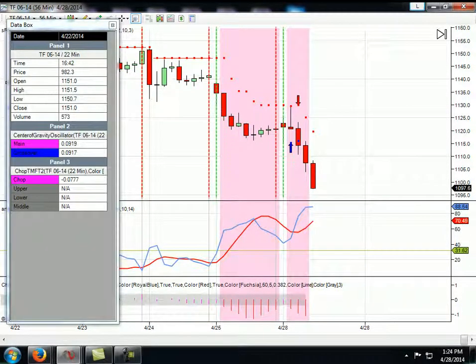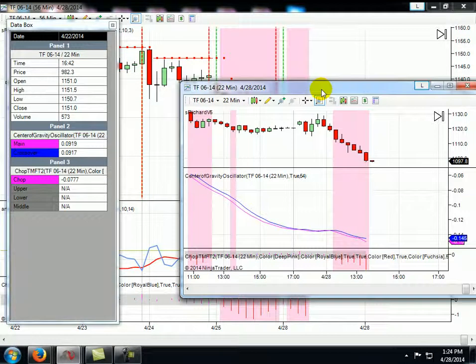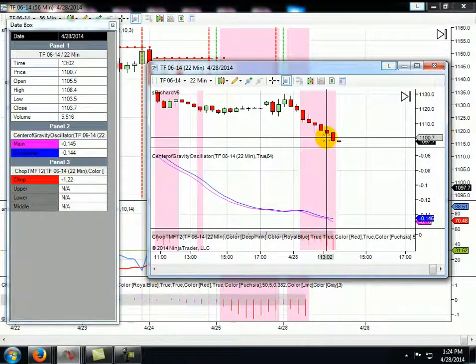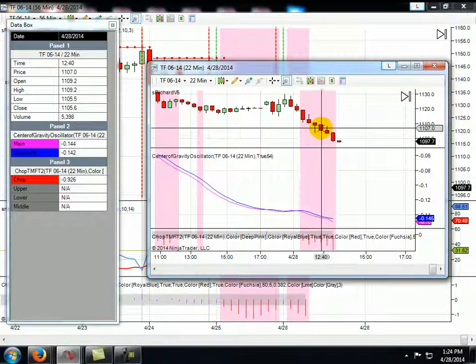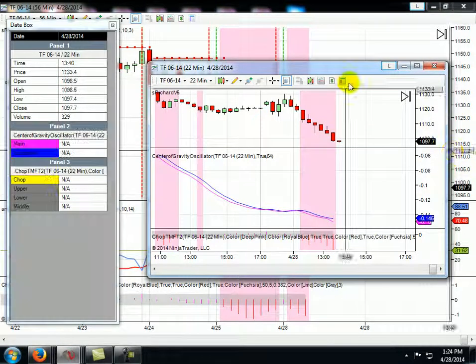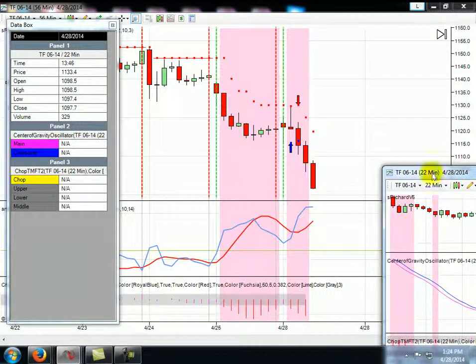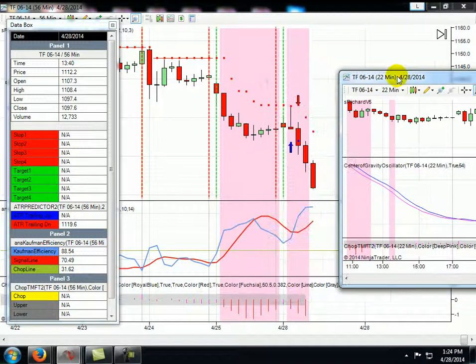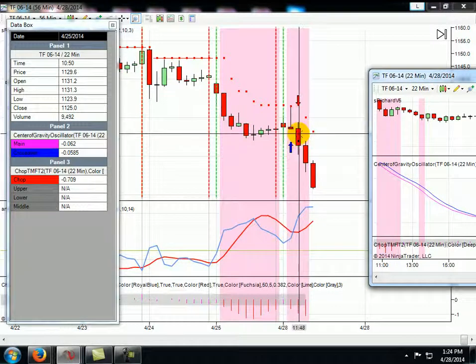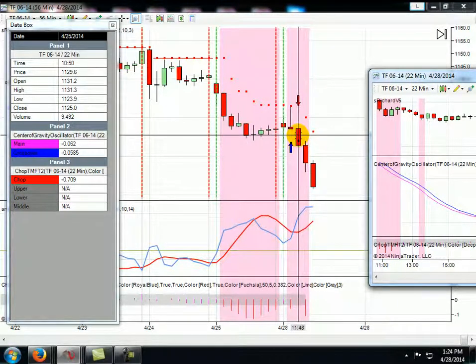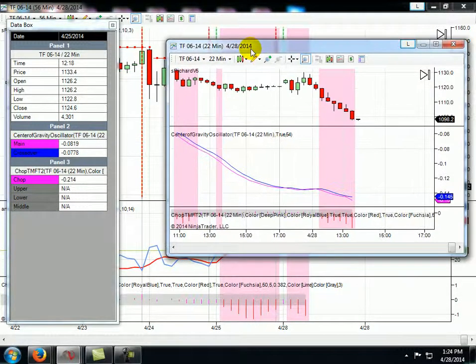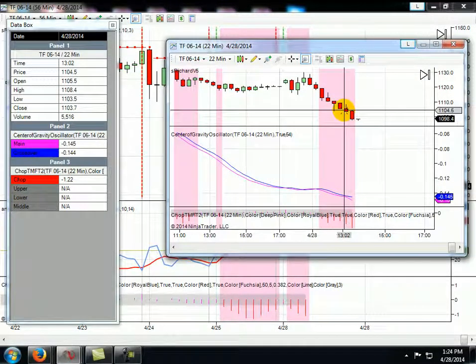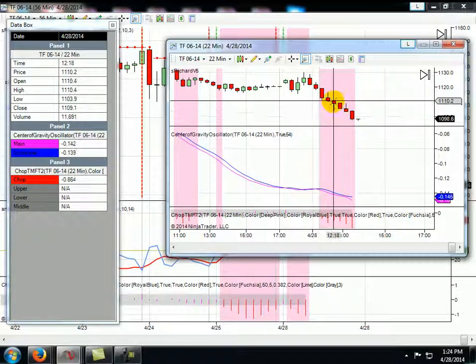I would also consult the CGO to confirm that on that bar. I think, what was that, two bars ago, or 3? Yeah, 2 bars ago. Well, we're on a different time frame. Let me see. That's the 11:48. It's going to be right.